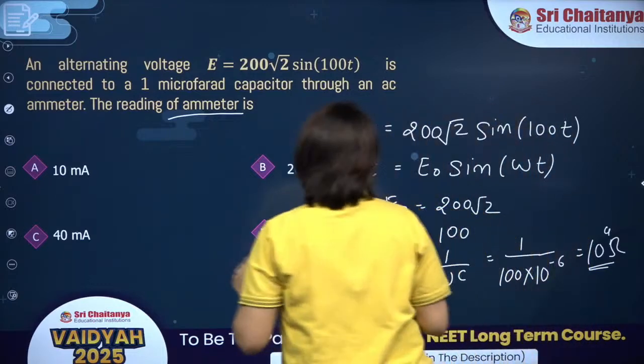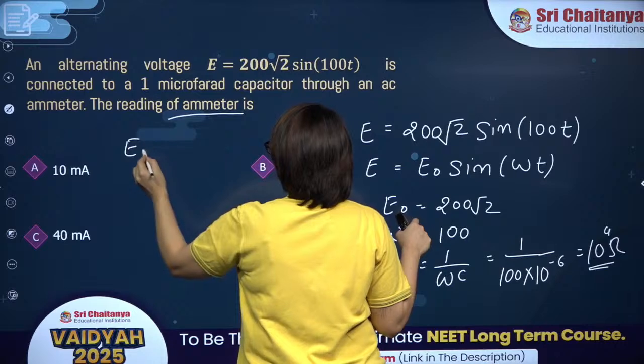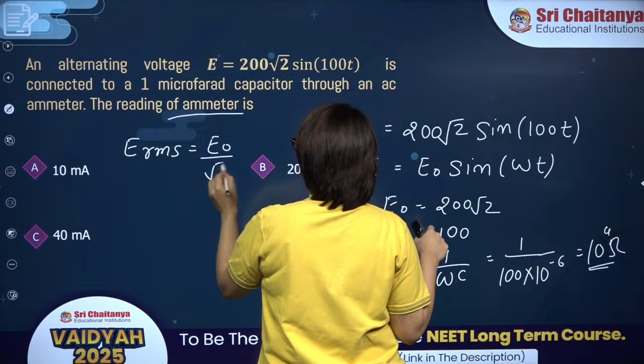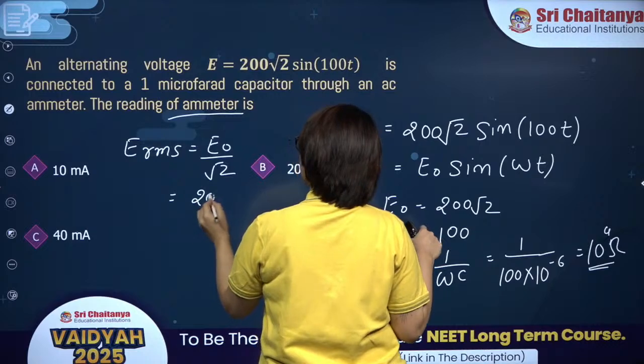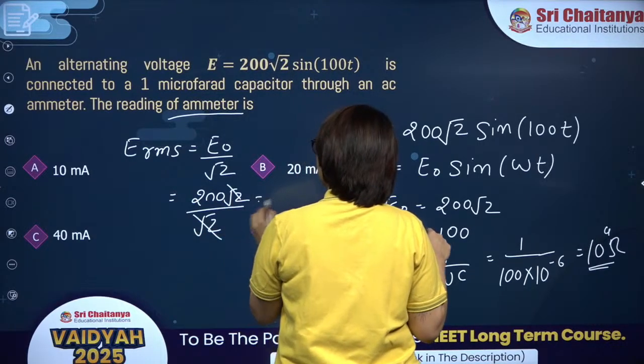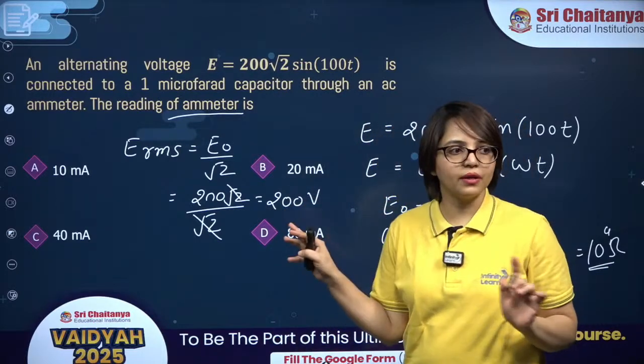So for finding RMS, you need IRMS, you need ERMS. So ERMS is E naught upon root 2, which is 200 root 2 divided by root 2. So it will be 200 volt. This is ERMS, right?